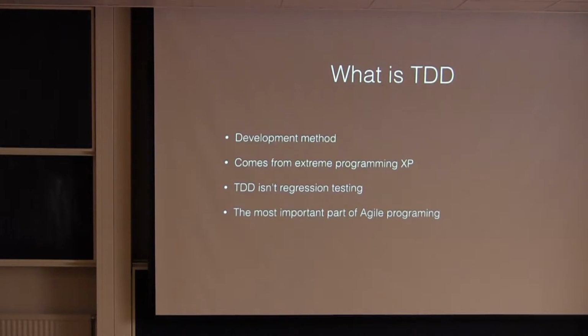Because it's very clear what you're trying to do and why you're trying to do it. One of the misunderstandings is that test-driven development has to do with regression testing. It has nothing to do with regression testing. It's a development method. You don't do it to test your stuff, you do it to develop your stuff.